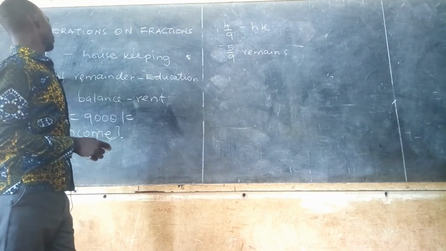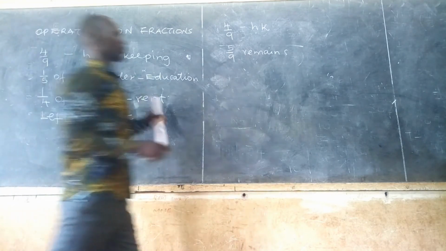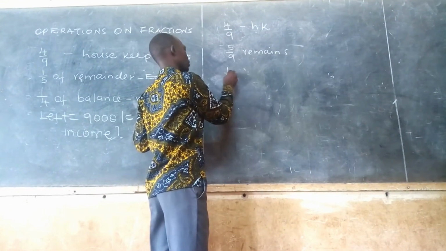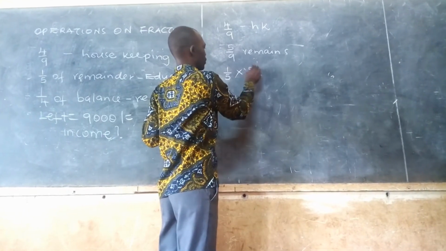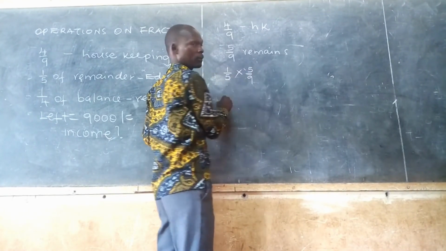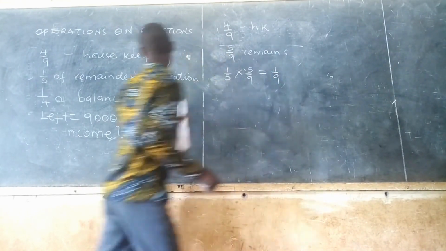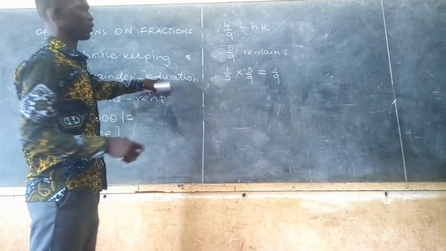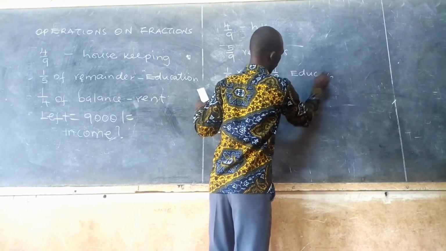Then you're told 1/5 of the remainder. So what do you say? 1/5 times the remainder, which is 5/9. That gives you 1/9. 1/5 of the remainder goes for what? Education.